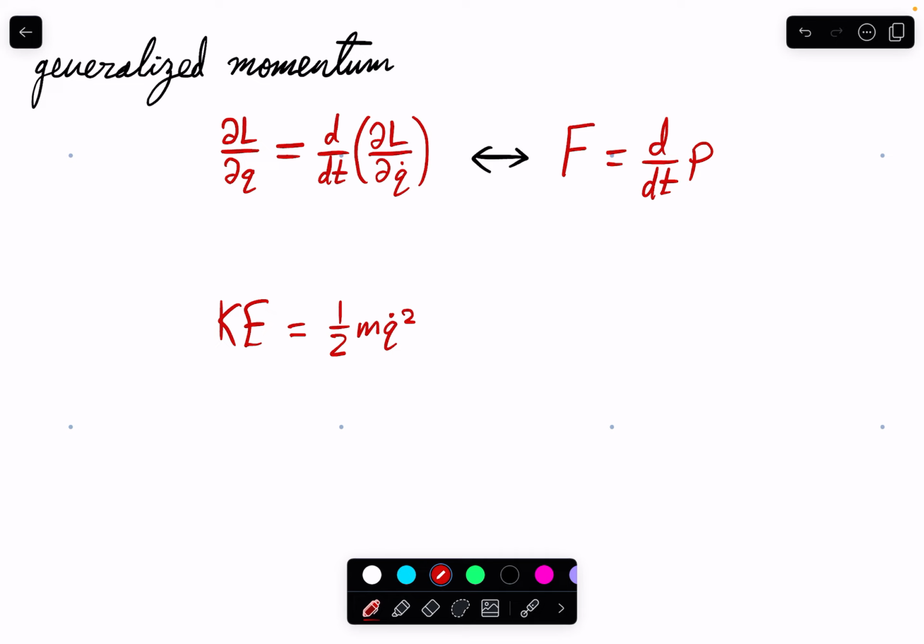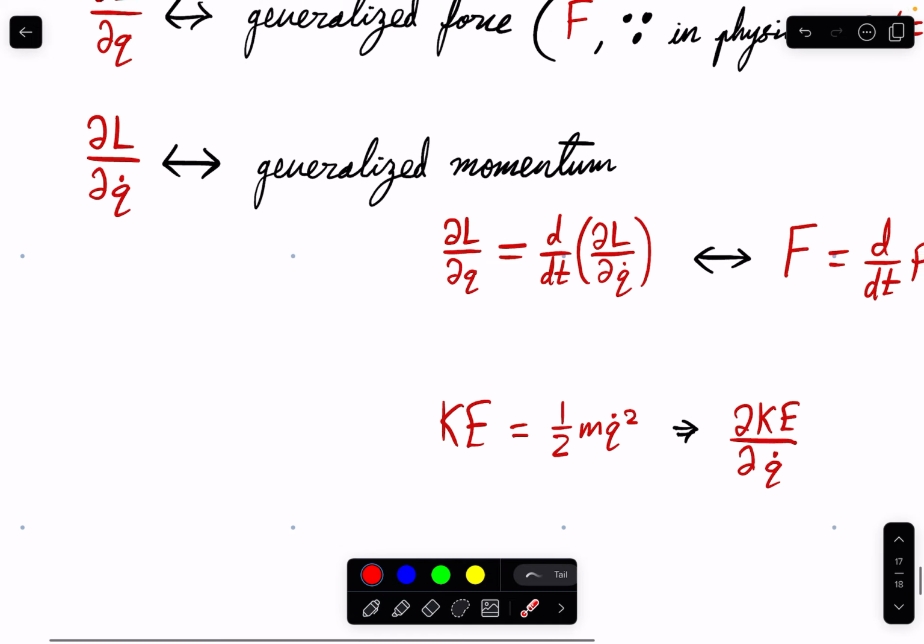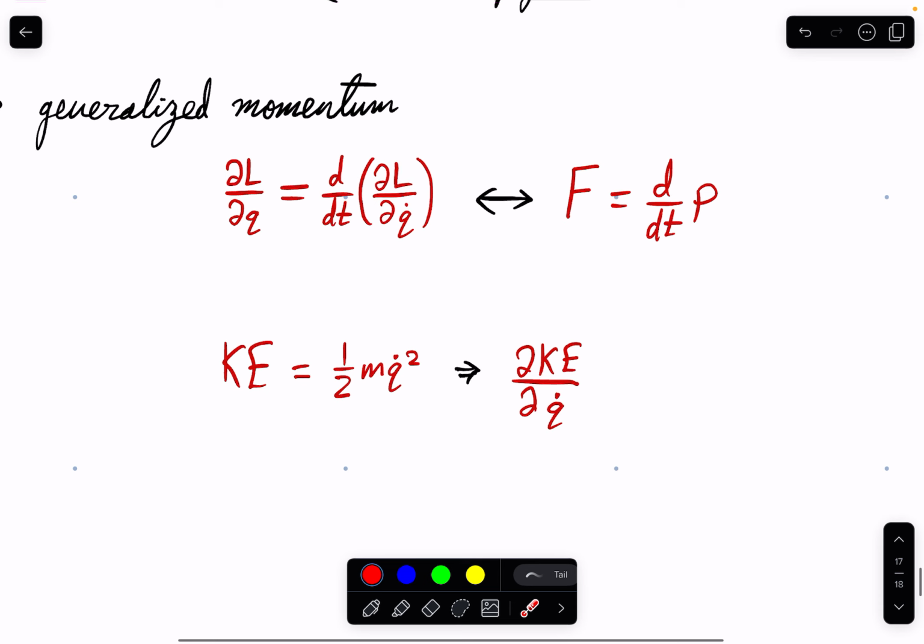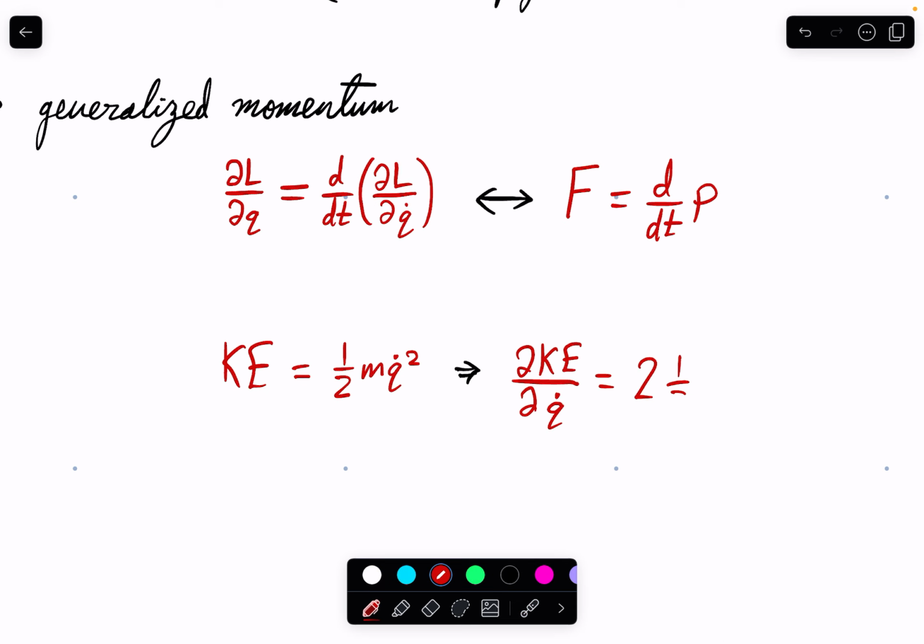So if we took the partial derivative of this kinetic energy with respect to q̇, like what is done here, then we get 2 times 1/2 m q̇, and then the time derivative gives m q̈, which is just generalized acceleration.